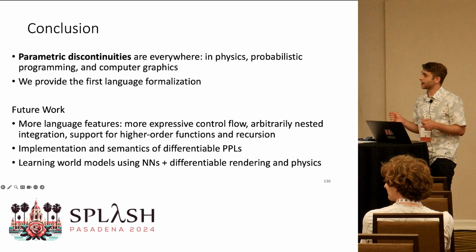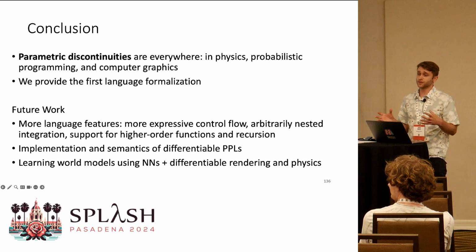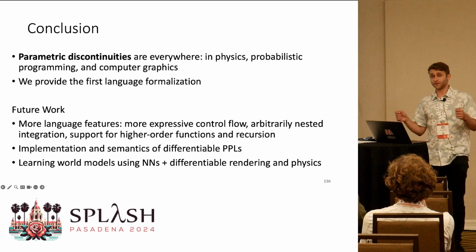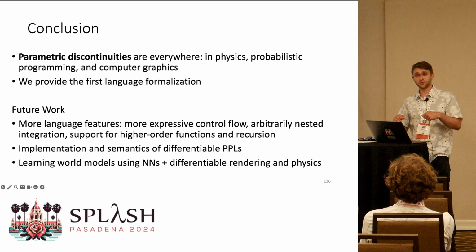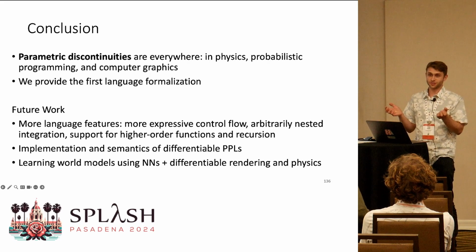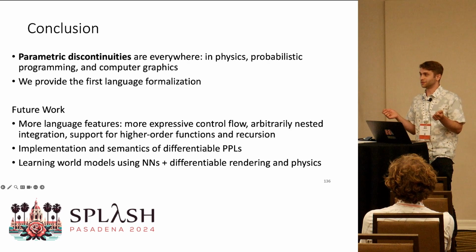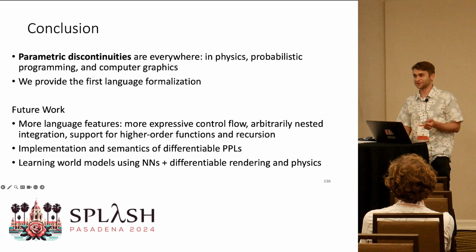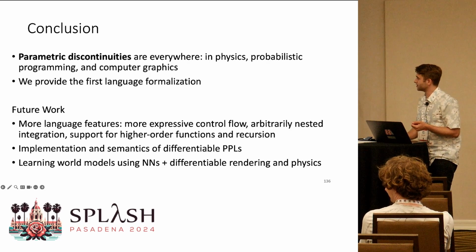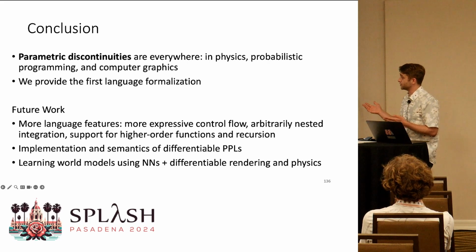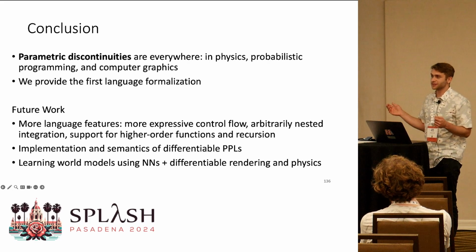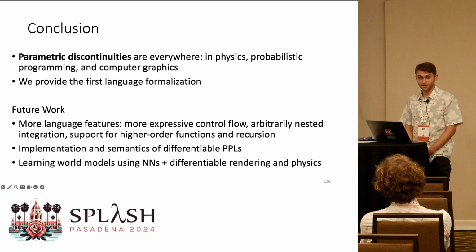And these techniques, I think, will be broadly useful in implementing differentiable PPLs, since the distributional derivative of a measure is a distribution, but the derivative of a measure doesn't necessarily make sense out of the box. So that's interesting. And more broadly, I think it would be interesting to build world models using a mixture of neural networks and differentiable rendering and physics. Thank you.